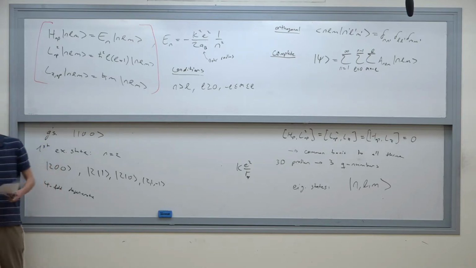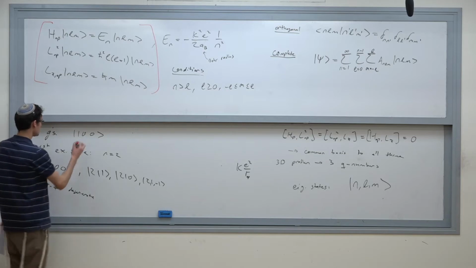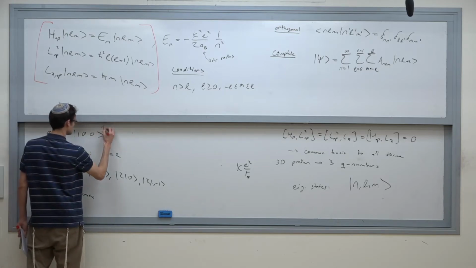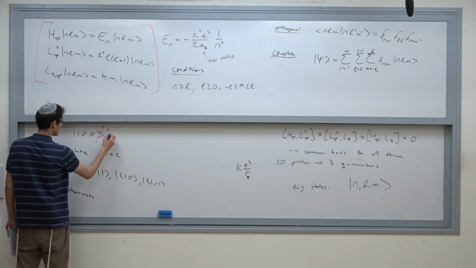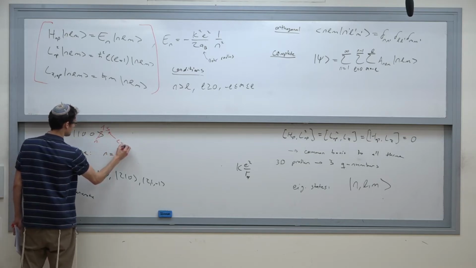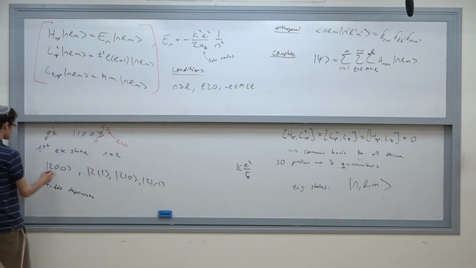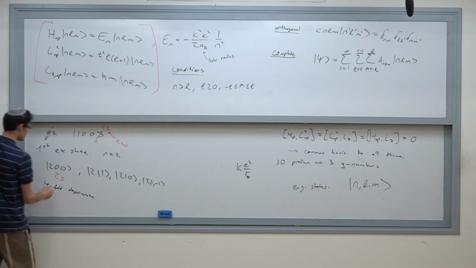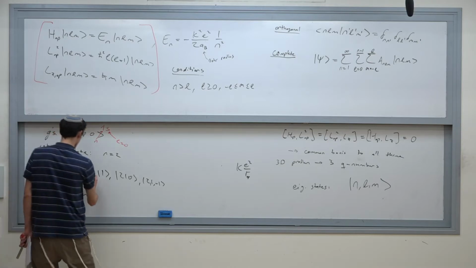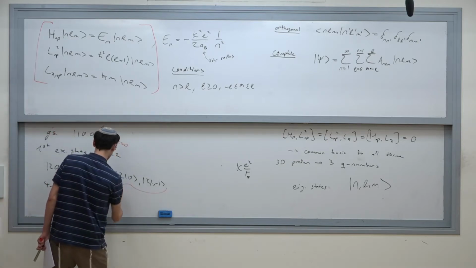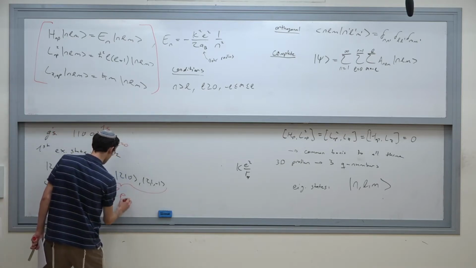Some people also use different notations for these states. They call this one 1S, where 1 refers to the quantum number n, and the S means that L equals 0. In analogy, this state here is called 2S, n equals 2, and here also again L equals 1. And this group is then called 2P, where the P means that L equals 1.